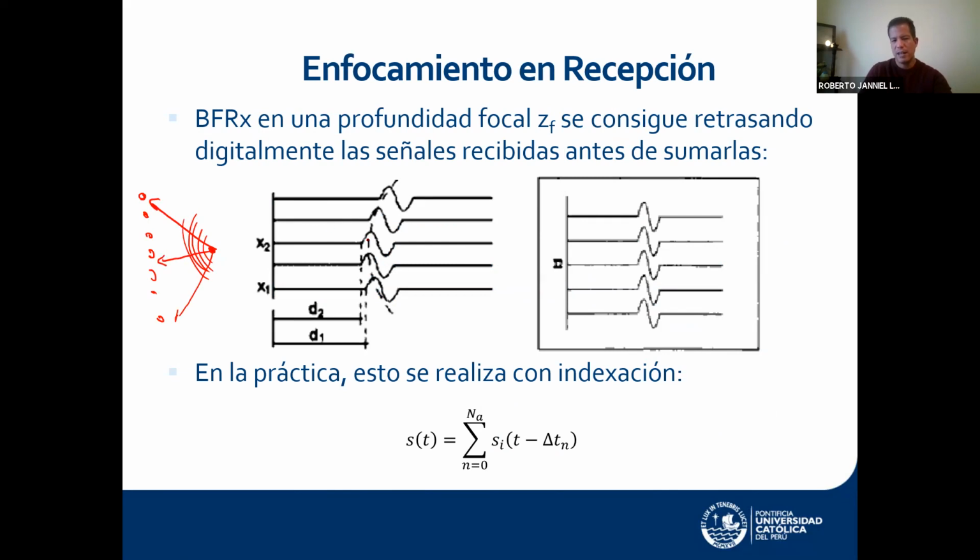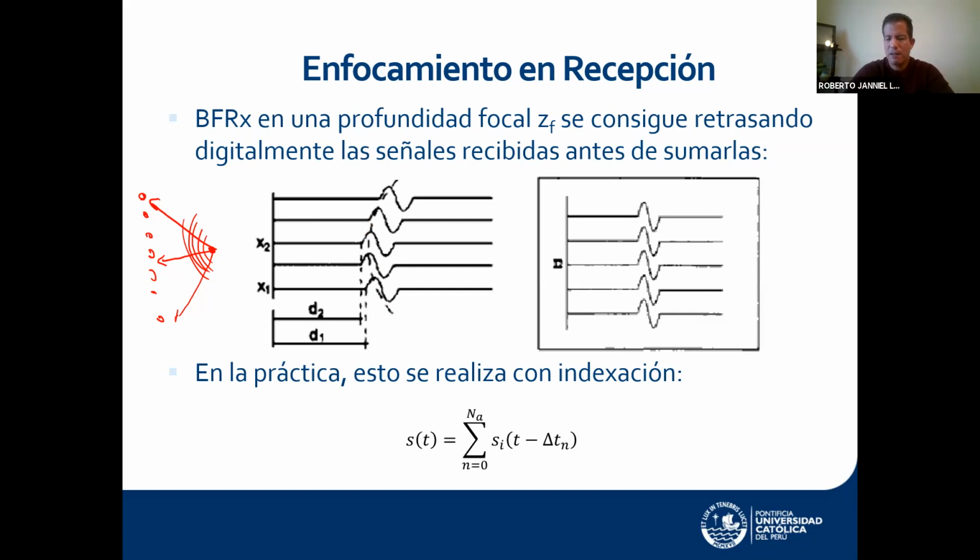I will get a waveform that is closer to time equal to 0 for the element right in front of the reflector. And then as I go to the sides, the echoes occur later and later in time.